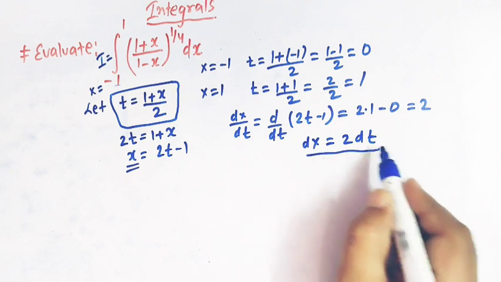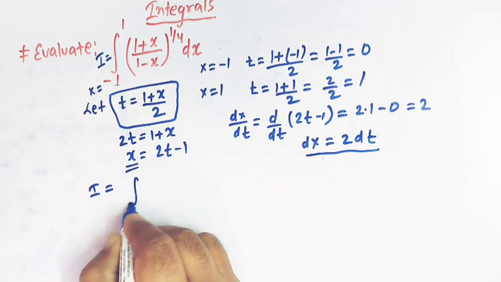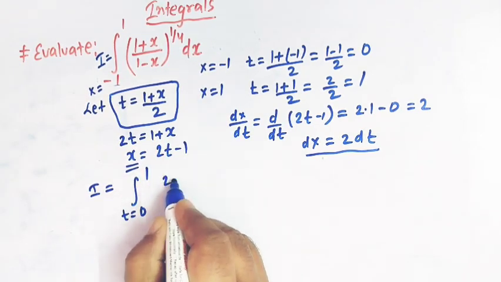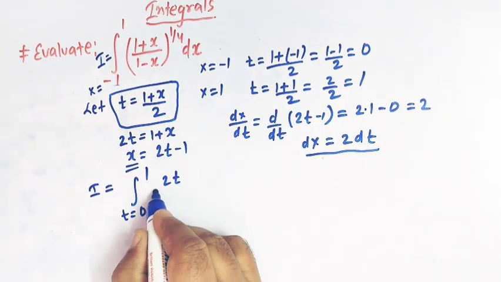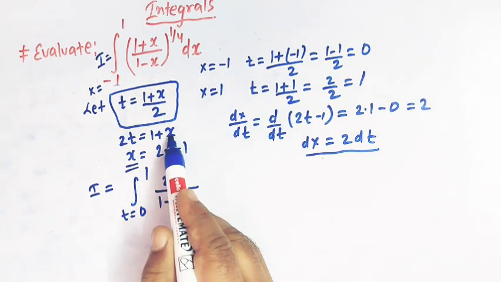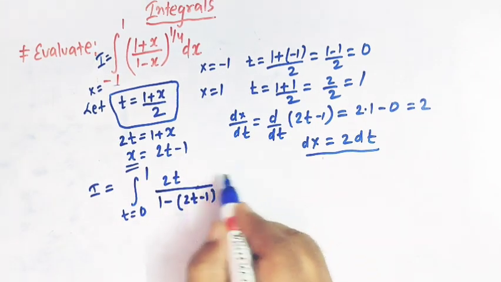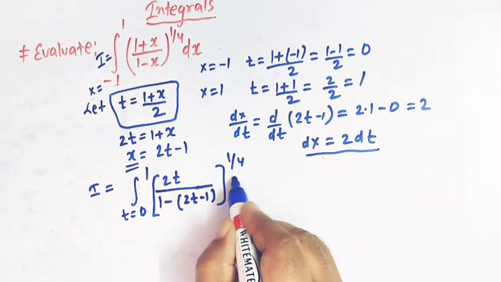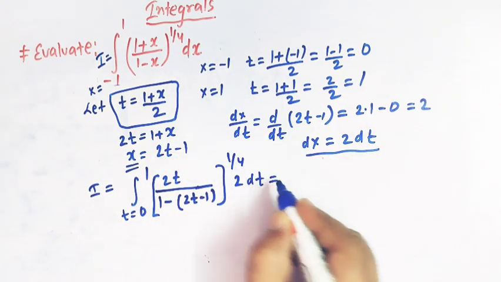Okay, so now we can rewrite this integral I as t is equal to 0 to 1, and here we have 2t, because 1 plus x is equal to 2t, divided by 1 minus, here we have x can be written as 2t minus 1, right? And here we have the power 1 over 4, and here we have dx is equal to 2 dt, right?